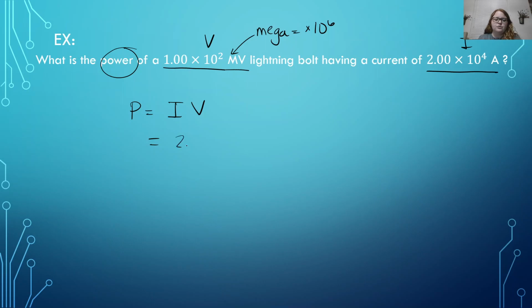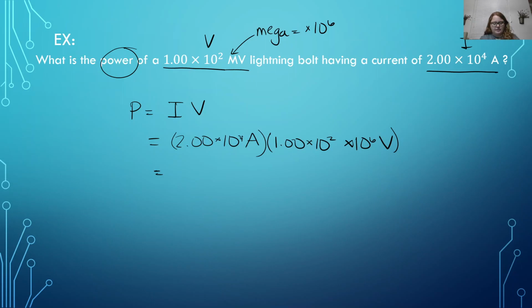Current is 2 times 10 to the fourth amps. Our voltage is 1 times 10 to the second, and this is megavolts, so we'd have to say times 10 to the sixth volts.